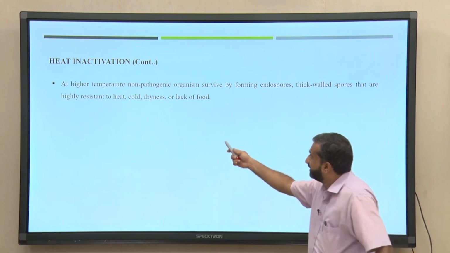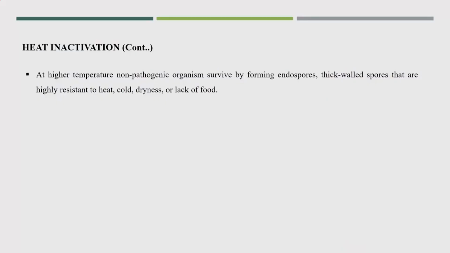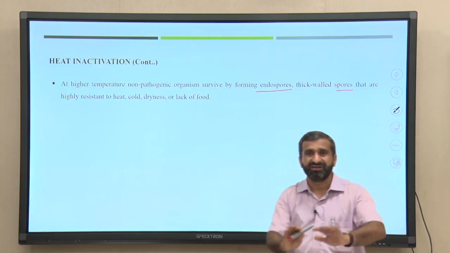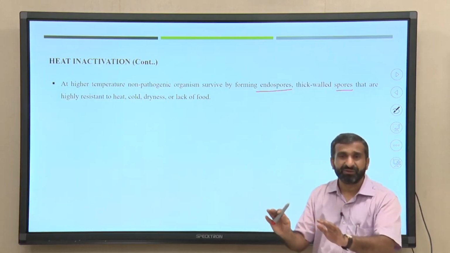See what is written here: the non-pathogenic bacteria will form endospores, or we normally call them spore forming bacteria. They will form the spores, and these are highly resistant to heat, cold, dryness. So, they will be non-active, or passive, in that particular high temperature zone.